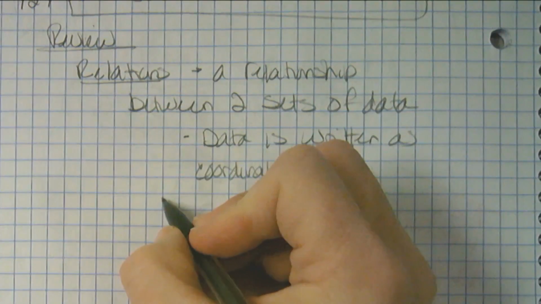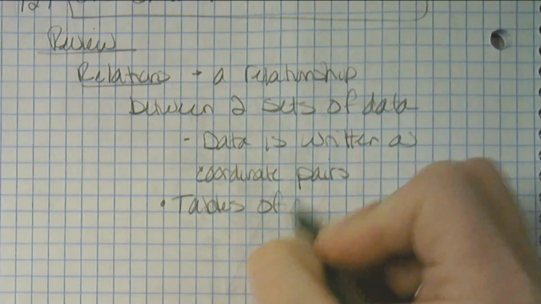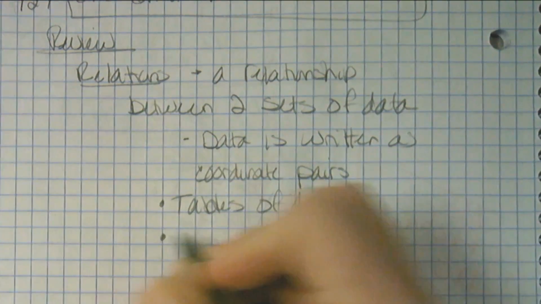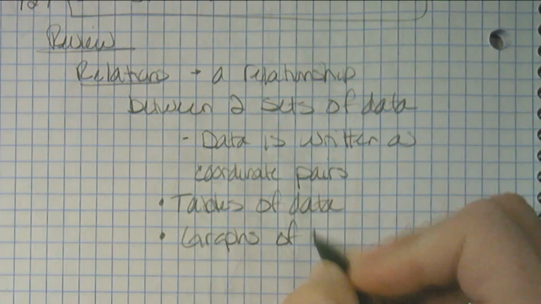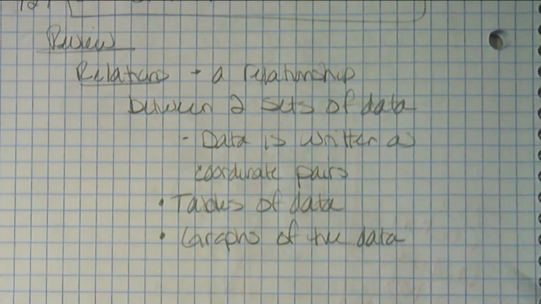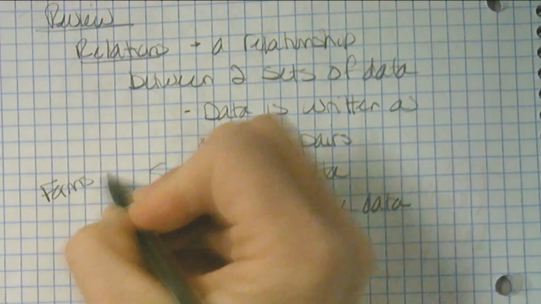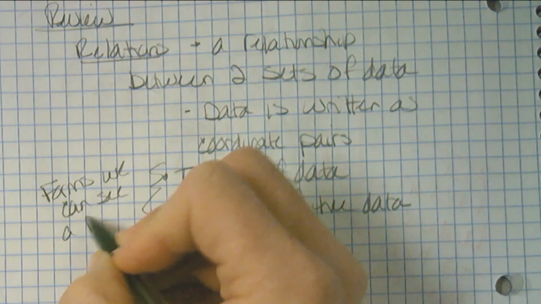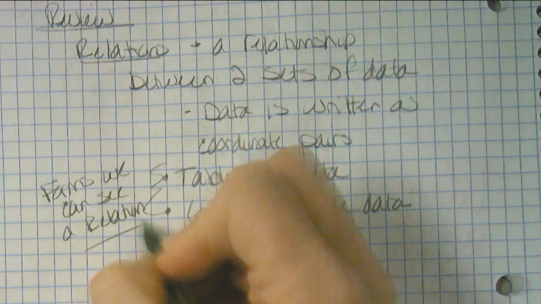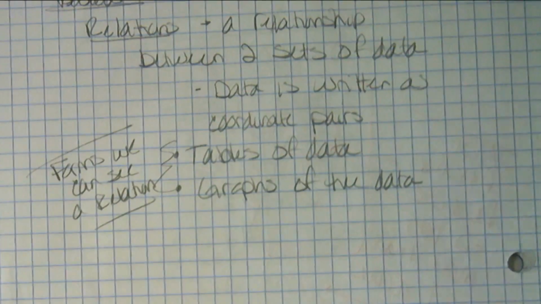We can see them as tables of data, and we can see them as graphs of the data. So those are the different forms we can see a relation. One is a table of the data, one is a graph of the data.